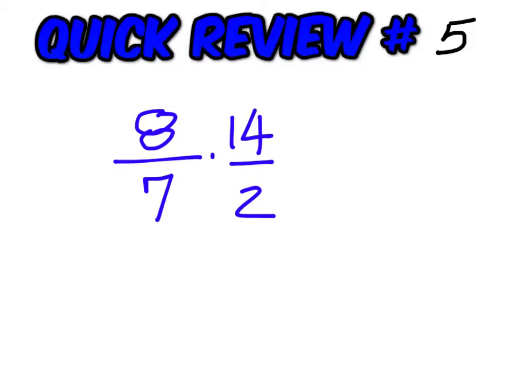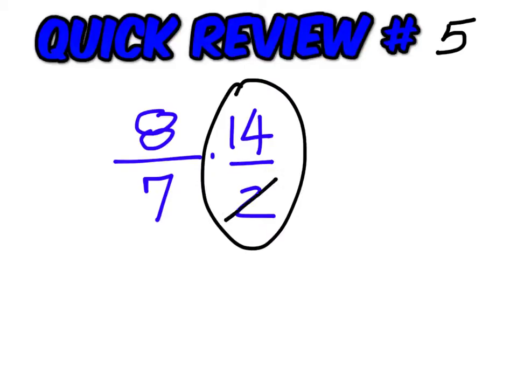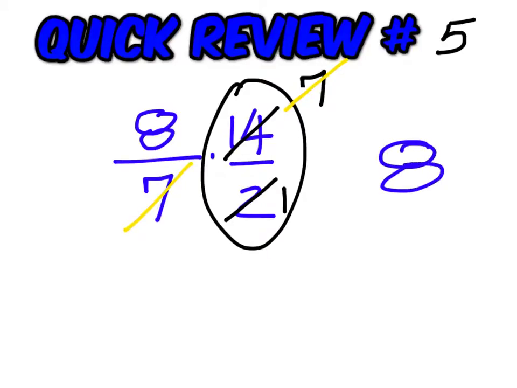You could do 14 divided by something, but not 2. Oh no, I take that back. He's right. You can do that. It's not the lowest you can go right off the bat. But if you divide 2 by 2 to get 1 and 14 by 2 to get 7. That's right. But when you do that, what clearly cancels out diagonally? 7s, yes. So what's left? It's just 8. You would just have 8 left over.